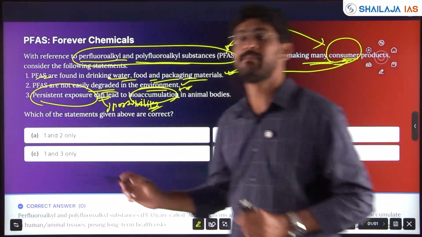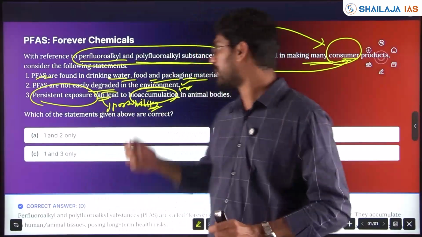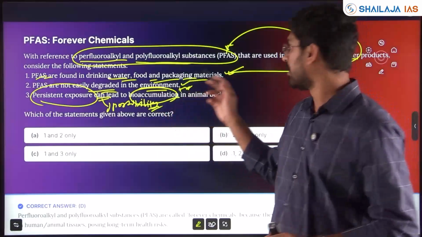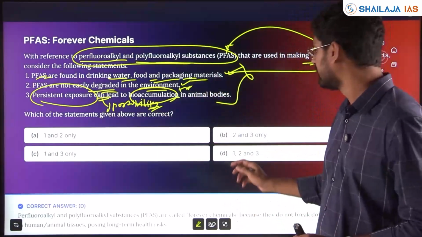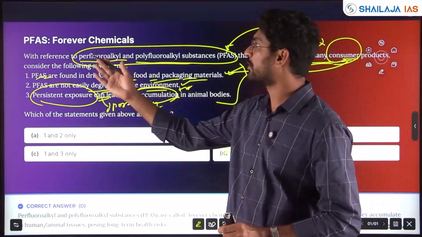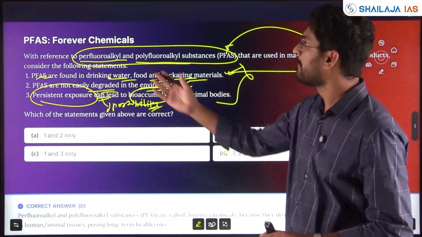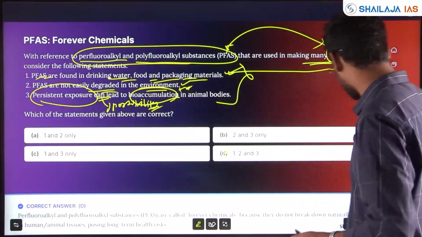So yes, it can be a possibility. Plastic is non-biodegradable and persistent; continuous exposure can lead to bioaccumulation. All are possibilities, and therefore all 3 statements are correct with respect to PFAS. Clear? Polyfluoroalkyl substances and perfluoroalkyl substances.